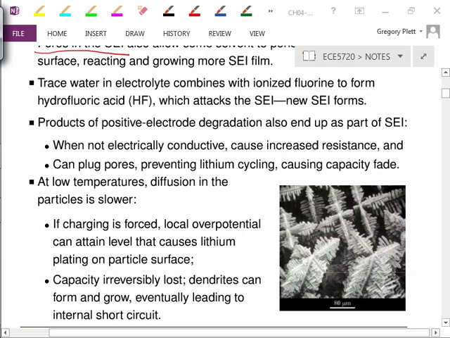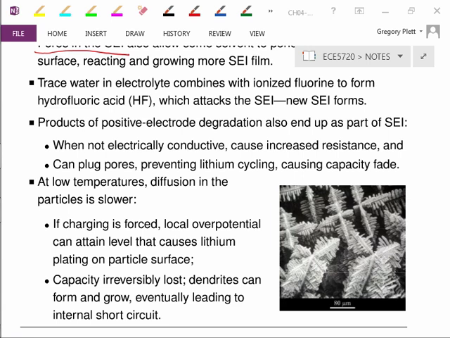We insert electrolyte into the cell when we're constructing it in a dry environment so that there's not very much water. However, there's always some amount of moisture in the air when you're forming the electrodes to begin with and so forth. So there's going to be some trace water. We don't want there to be much, but there's going to be some trace water in the electrolyte.